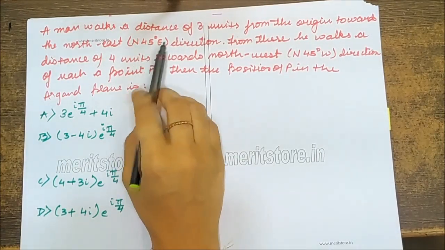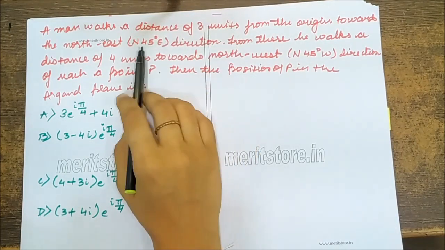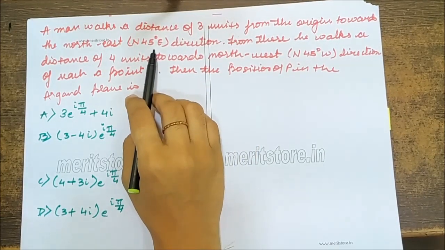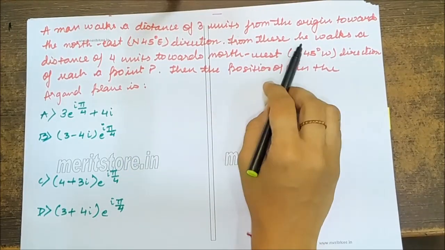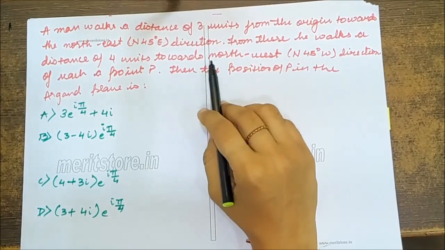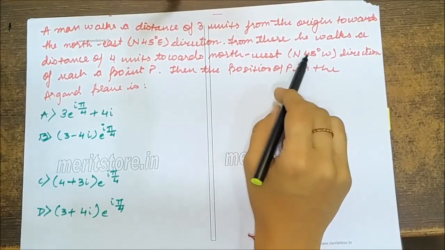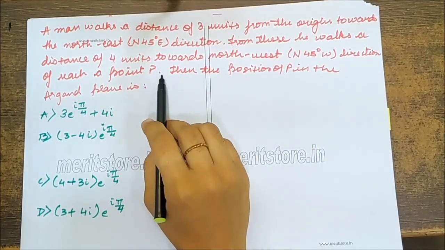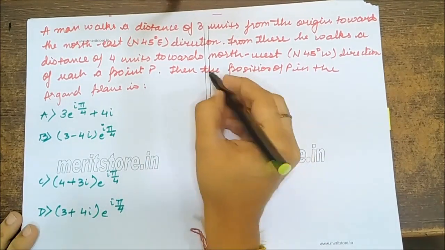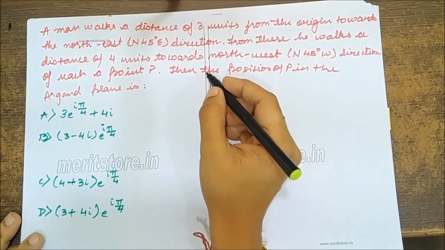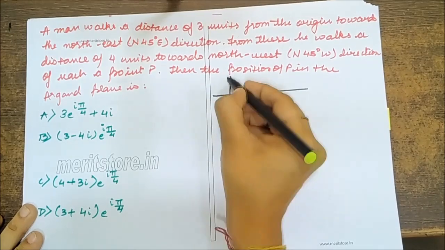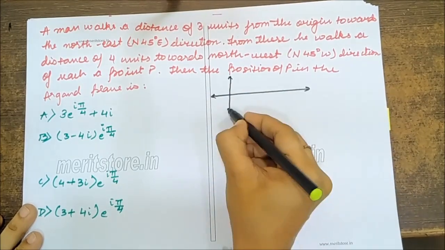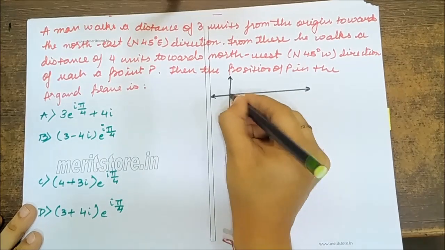A man walks a distance of 3 units from the origin to the northeast at a direction of 45° east. From there he walks a distance of 4 units towards northwest, 45° angle, to reach a point P. Then find the position of P as per the Argand diagram. Okay. Let's say this is your starting point.